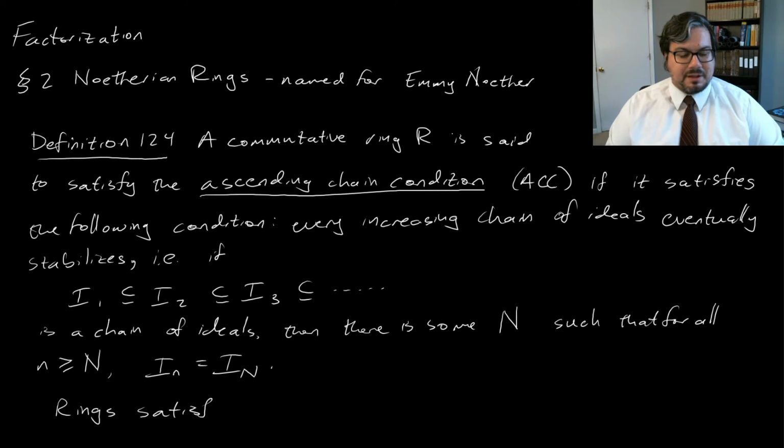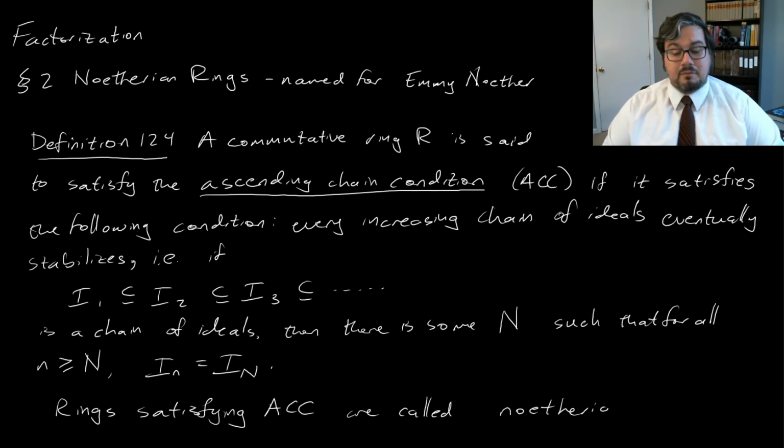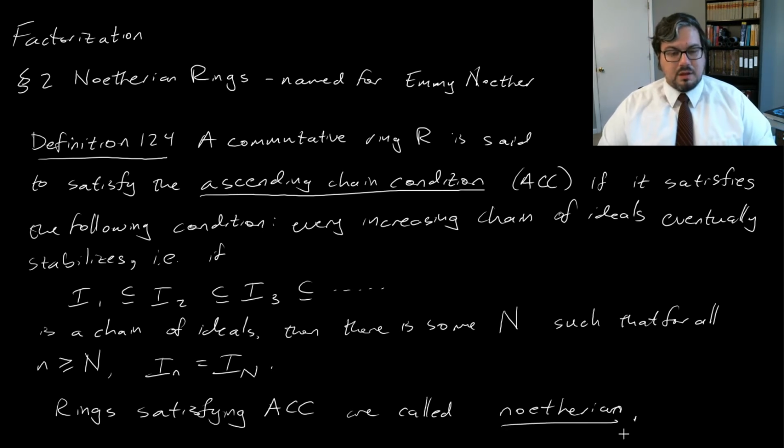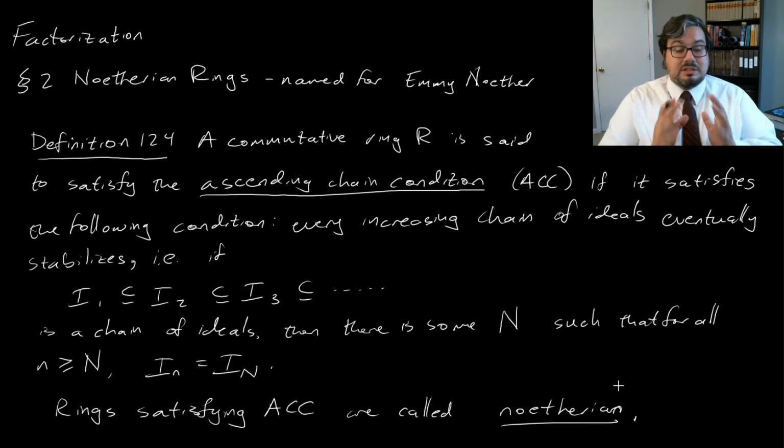Rings satisfying ACC are called Noetherian, after Emmy Noether. Now, there are plenty of rings which don't satisfy the ascending chain condition.